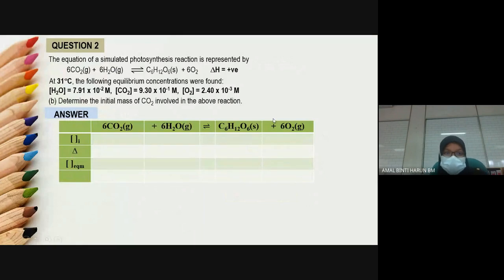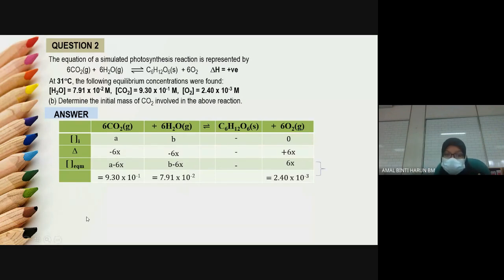Okay, then next. Determine the initial mass of CO2 involved in the above reaction. Ini berapa banyak? So, when you are given the concentration, initial kita tak tahu, kita pun wakilkanlah sini. For ICE table semua, tapi kita ada concentration at equilibrium.